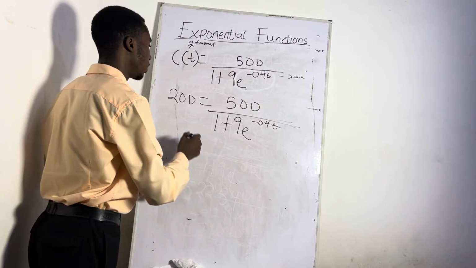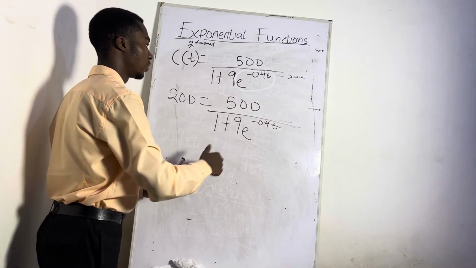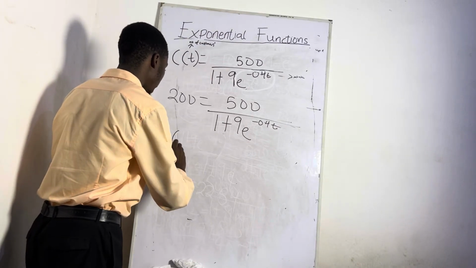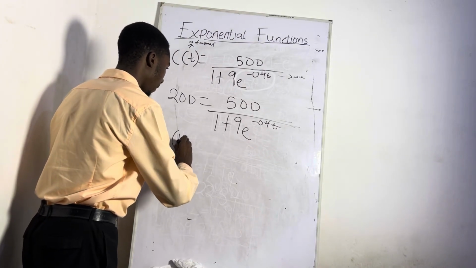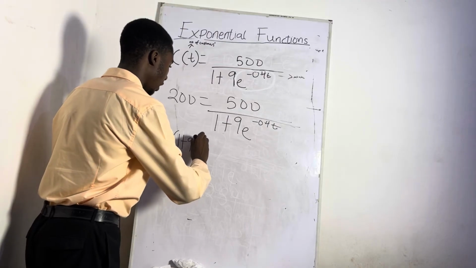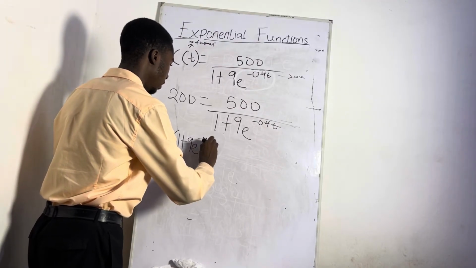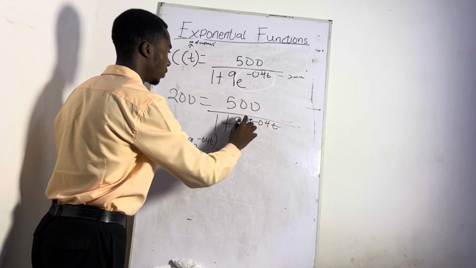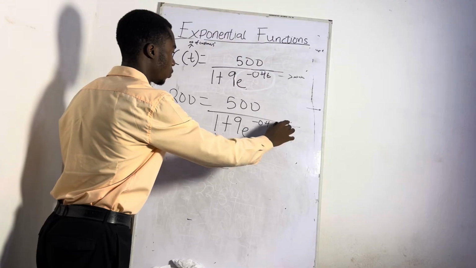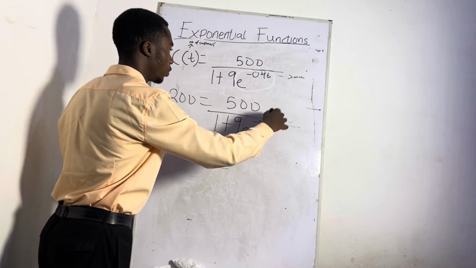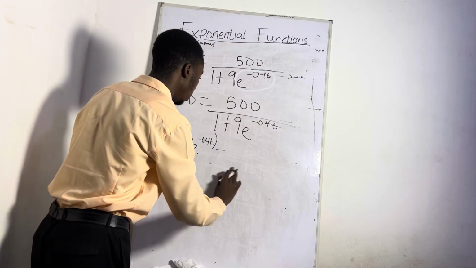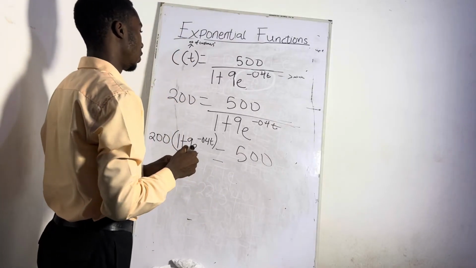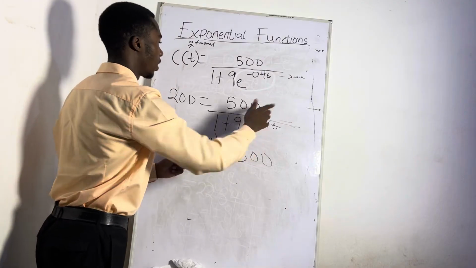So we are getting 200 times 1 plus 9e exponent negative 0.4t is equal to 500 over 1 plus 9e exponent negative 0.4t times 1 plus 9e exponent negative 0.4t. So they'll cancel each other, to be equal to 500. I hope you get it, because when you multiply this by this, they'll cancel each other.